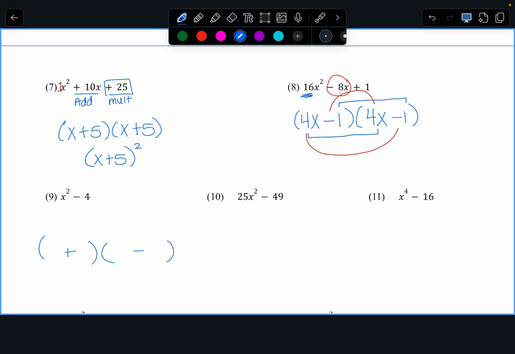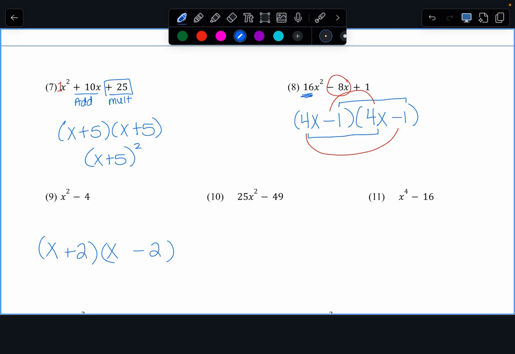Basically, you're asking yourself, what multiplies to get negative 4 but adds to 0? Yep. 2 and negative 2.